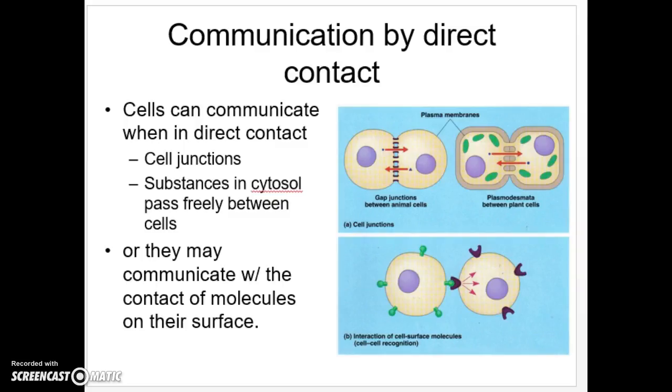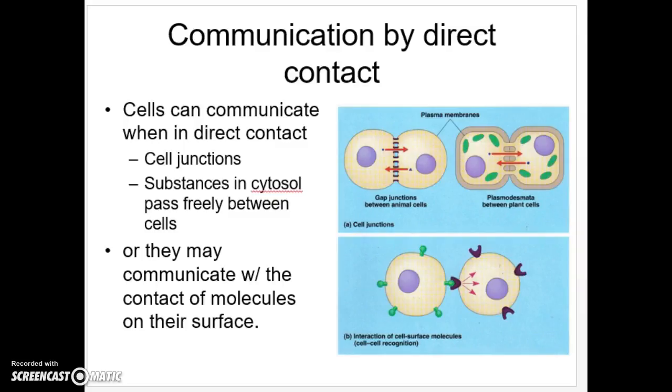Another type of communication is going to occur that's even closer than paracrine, and that's going to be direct contact. So we talked about this in class with one of our bell ringer questions about cell junctions. And cell junctions are actual connections and, I guess, tunnels, for lack of a better description, that connect two cells together.